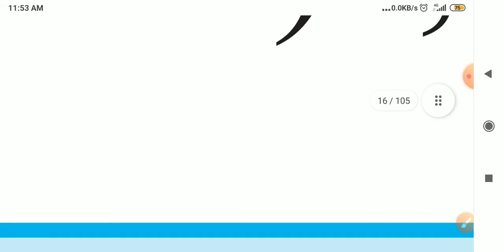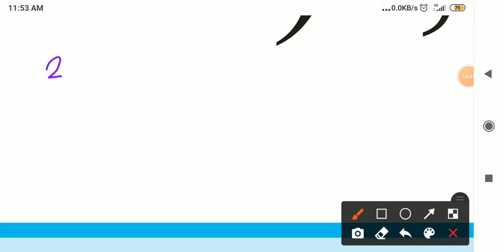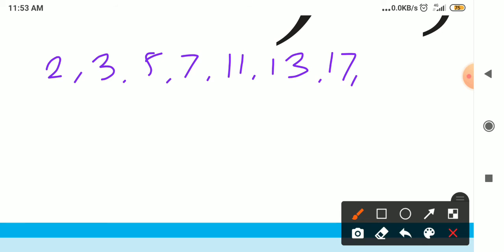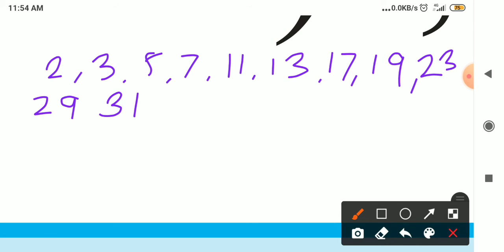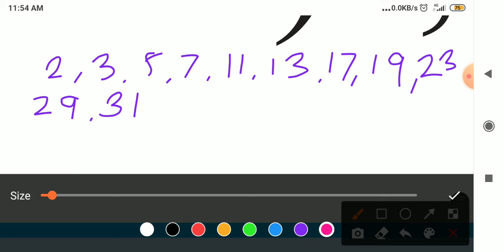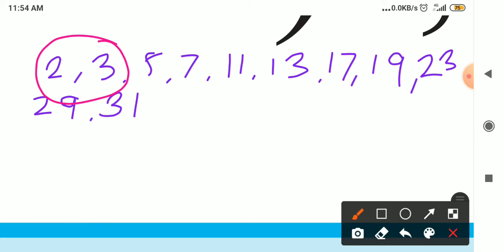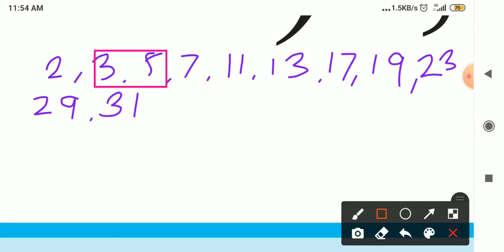The prime numbers are 2, 3, 5, 7, 11, 13, 17, 19, 23, 29 and 31. Now we have to check the difference between them. 2 and 3, how much is the difference? 1. So don't take that.